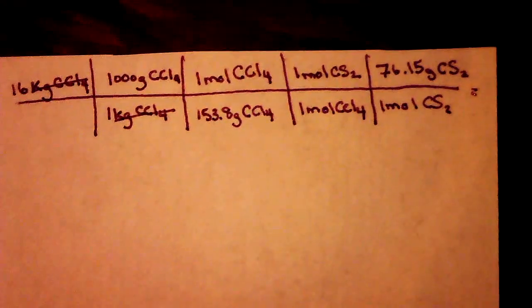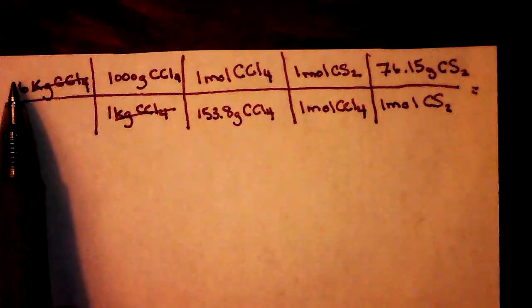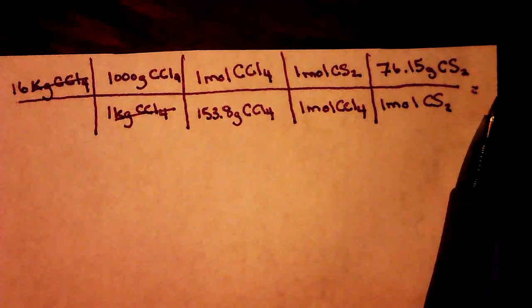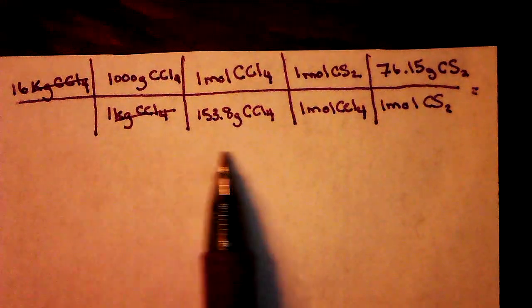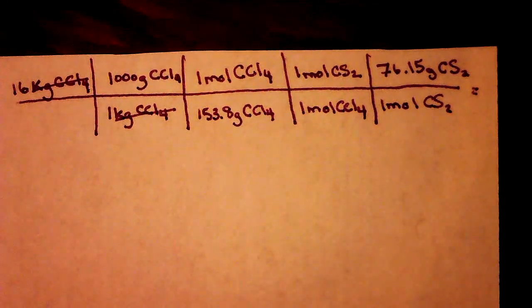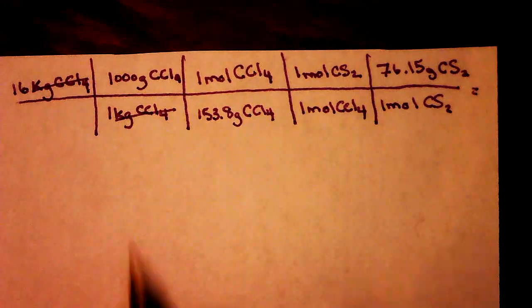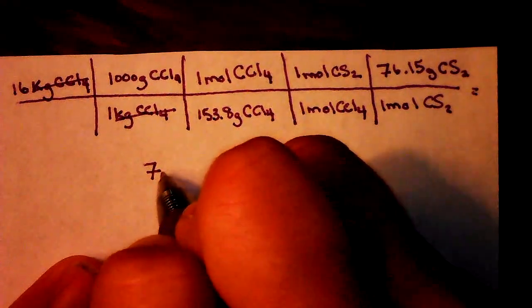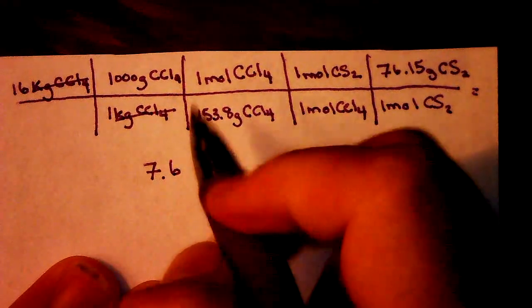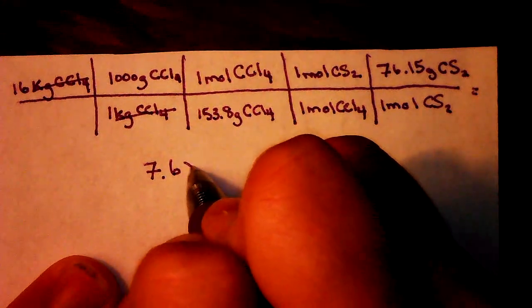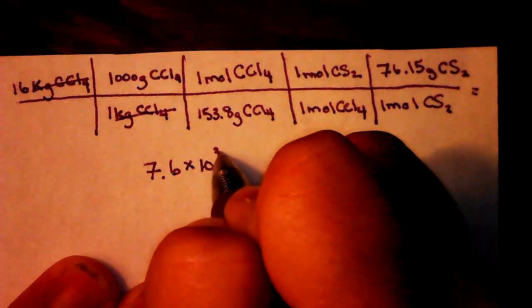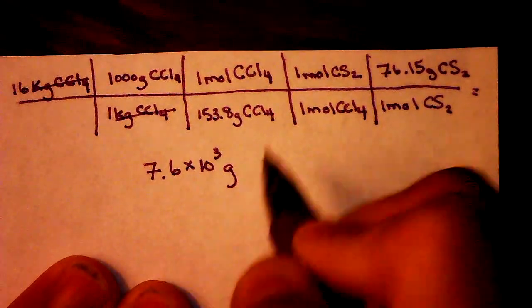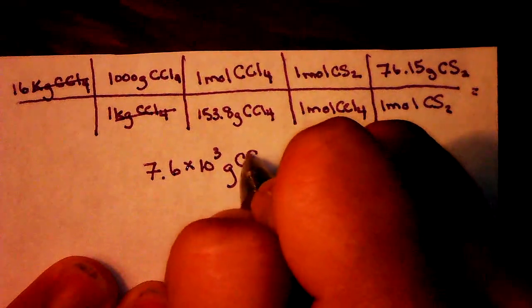Now all we need to do is the math. You are going to multiply everything on the top and divide it by the product of everything on the bottom, and that is going to give you your answer. In this case, when I calculated it out, I got 7.6 times 10 to the third grams of CS2.